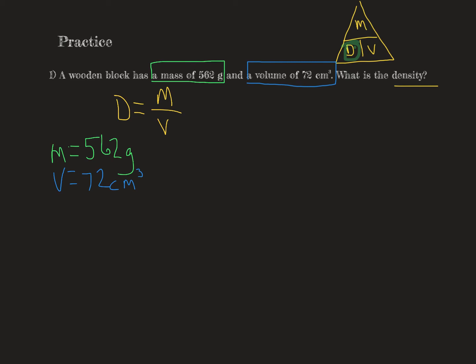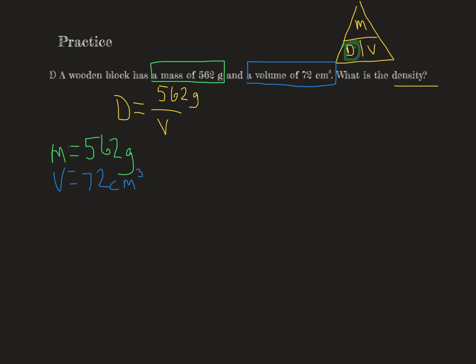Okay, now that I have both of those, this is when we just plug and chug. That means we plug in the numbers for the different spots. So where my M is, I'm going to get rid of my M. And what I'm going to put there in its place is what my M is, 562 grams. Now you notice I do write the units because the units are important.